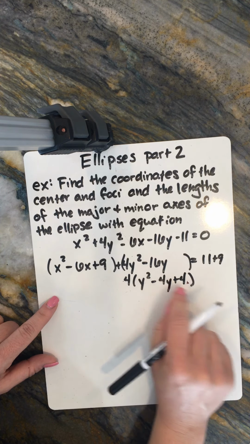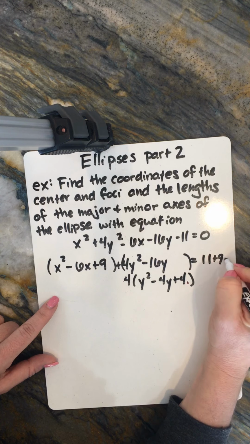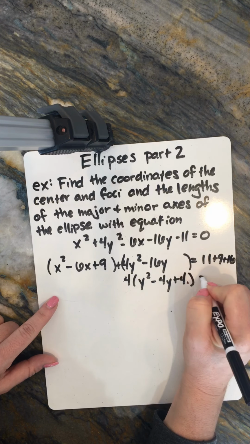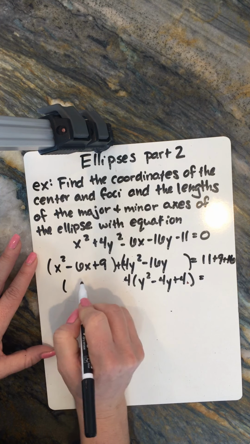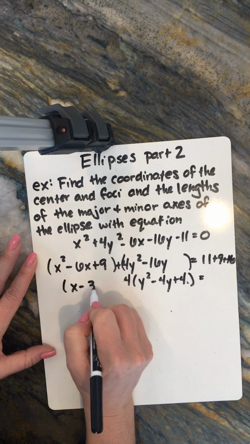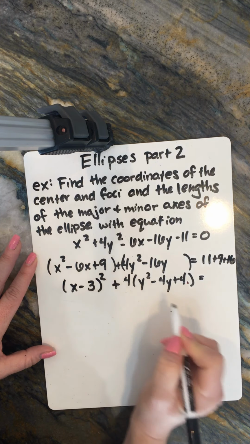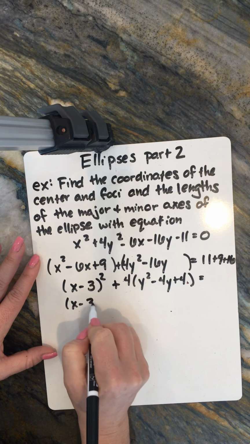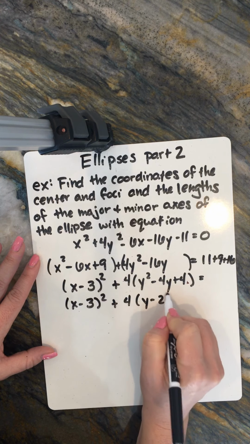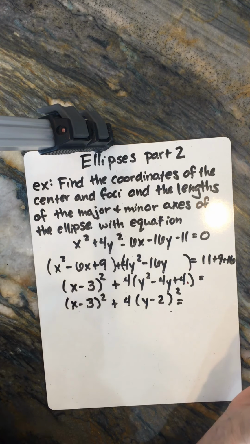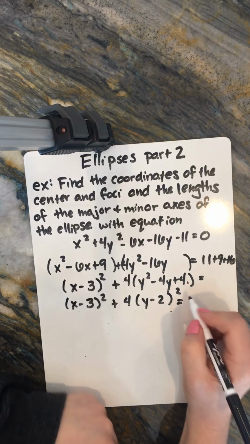I have to add actually a 16 because of the distributive property. Okay, so this guy factored. And then this guy factored, y minus 2 quantity squared equals, that's 36.